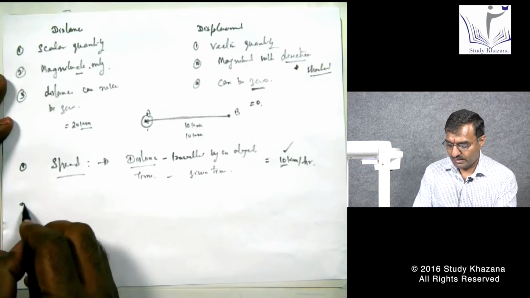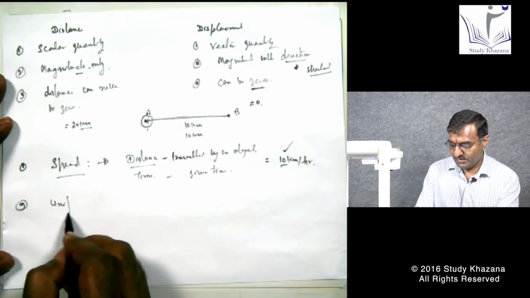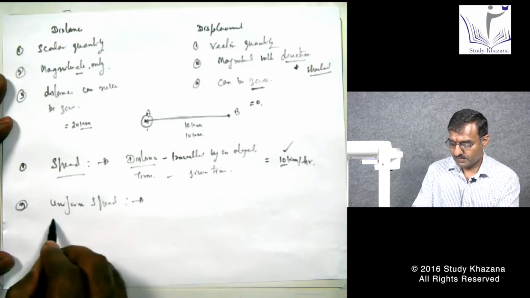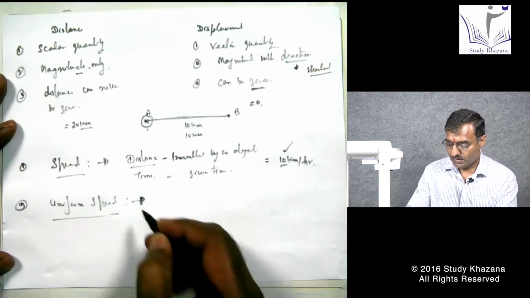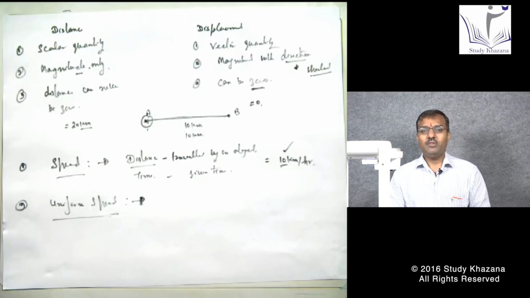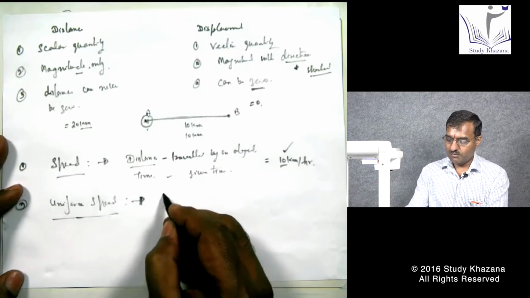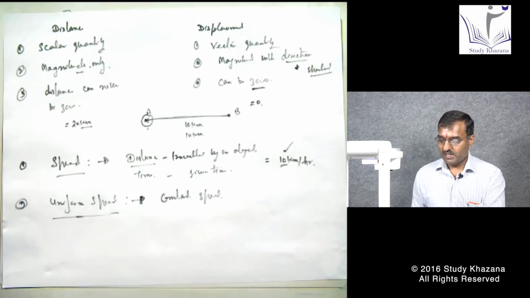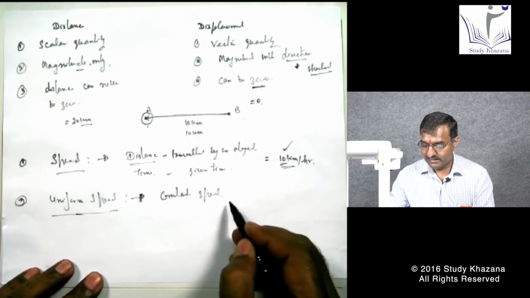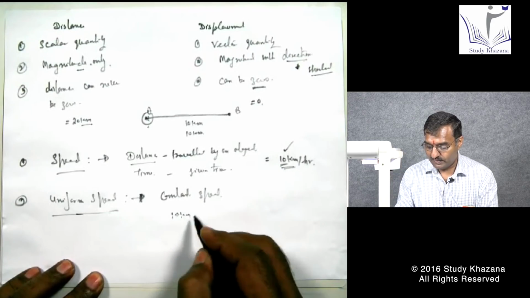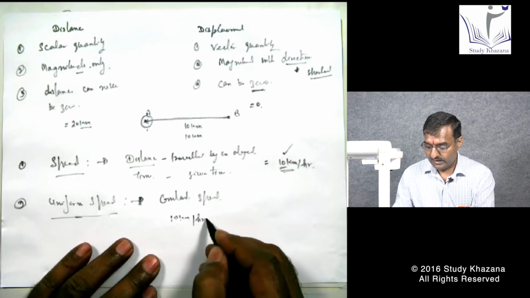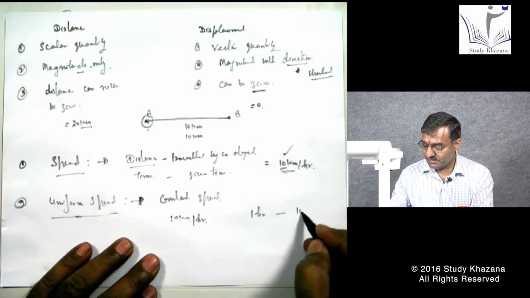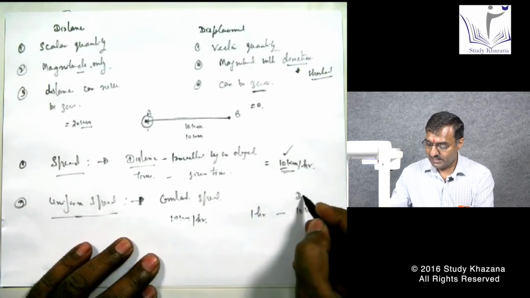Then the next term comes: what is uniform speed? Uniform speed, or I can say constant speed. As I mentioned, the speed is 10 kilometer per hour, which means in 1 hour the distance traveled is 10 kilometer.